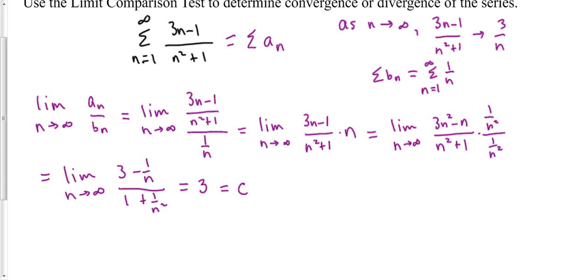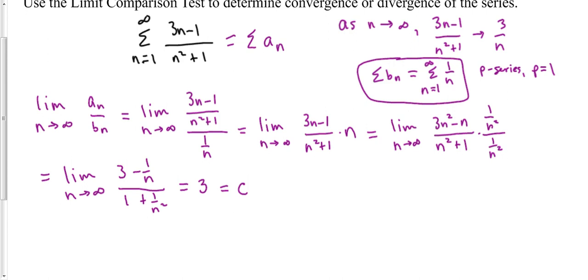And that tells me that the series for a_n and the series for b_n either both diverge or they both converge. So what we need to do is to figure out whether this series converges or diverges. Well, this series is a p-series with p equal to 1.